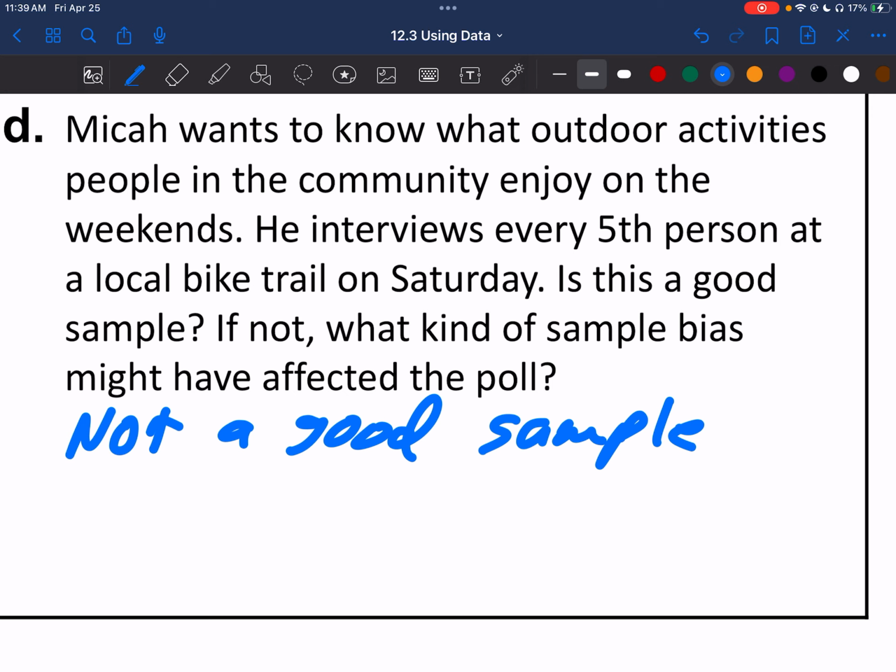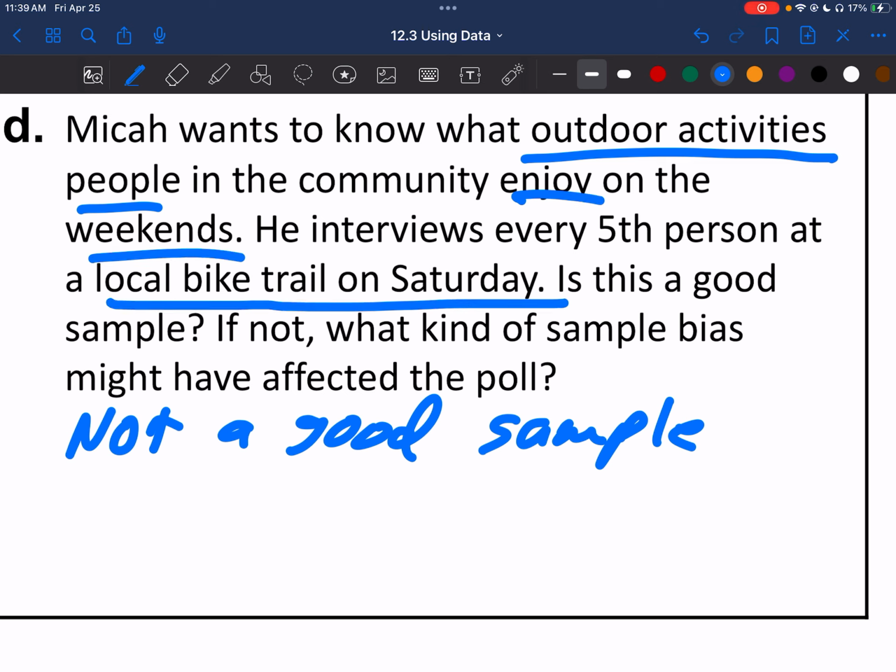Well, we're asking about what outdoor activities people enjoy. But we're going to a local bike trail on a Saturday. What is the bias that we're going to have? They're already doing an outdoor activity on the weekend.